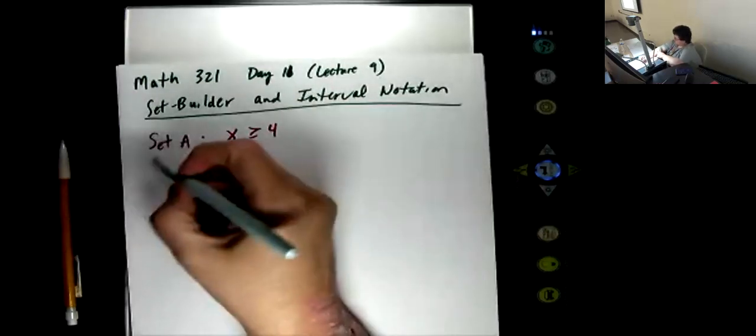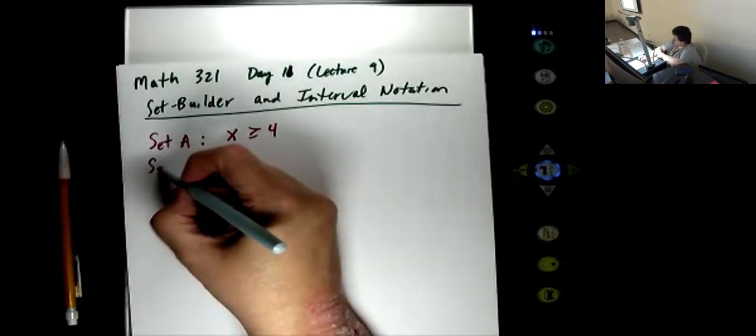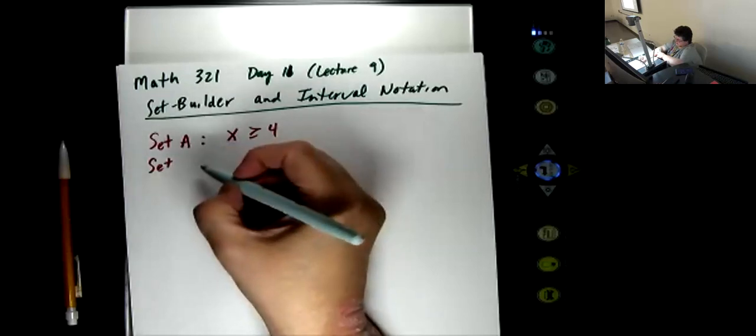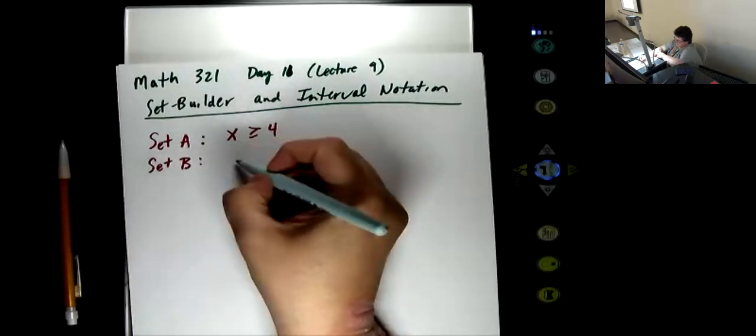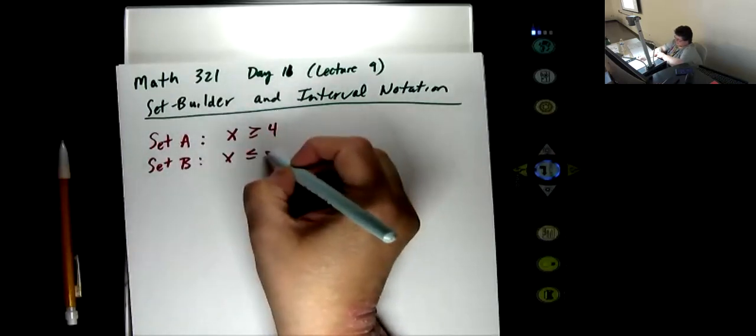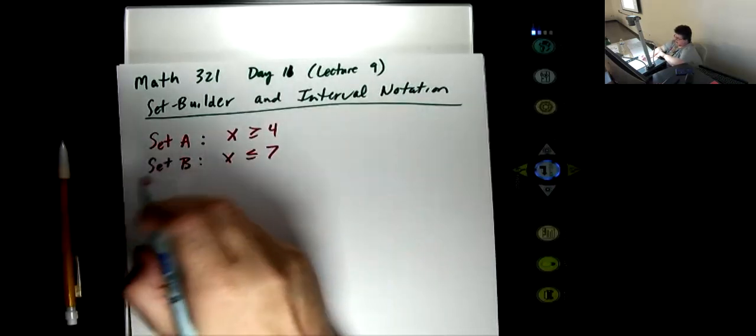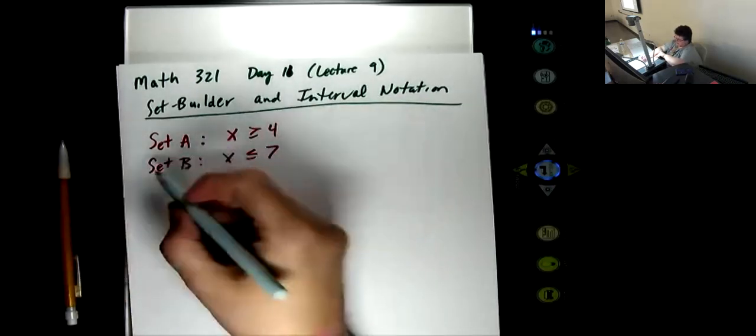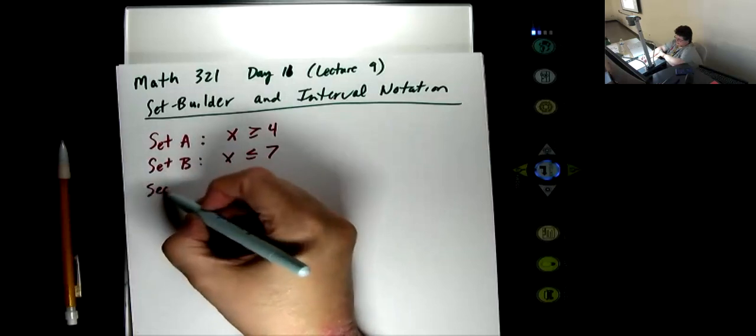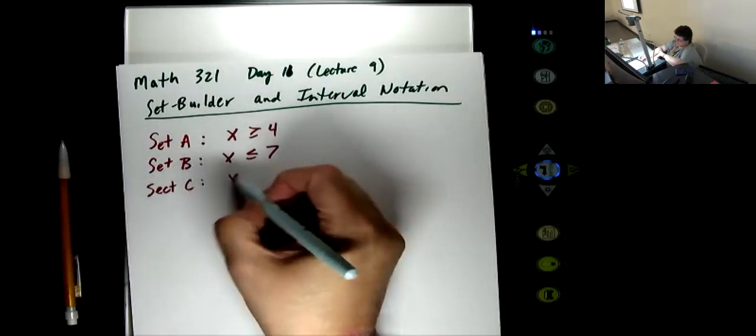And I'm going to say set B is X is less than or equal to 7. And we'll say set C is X is less than -2.